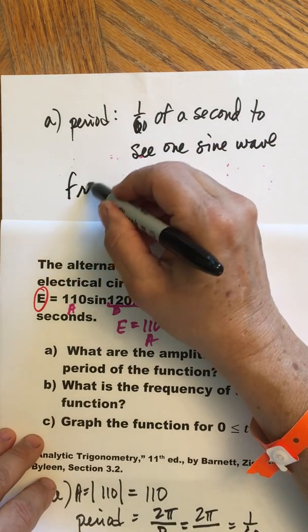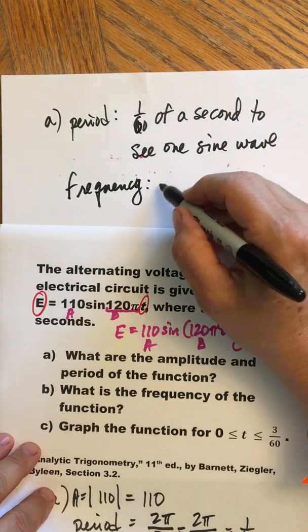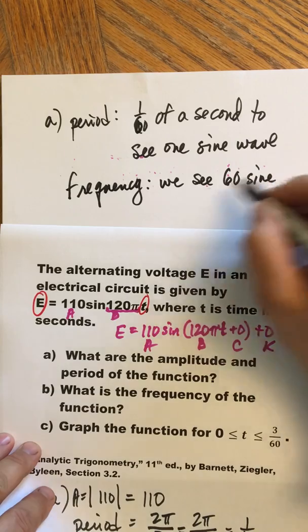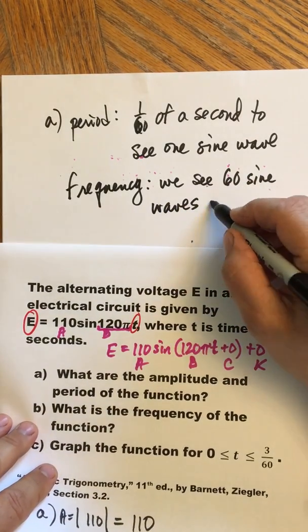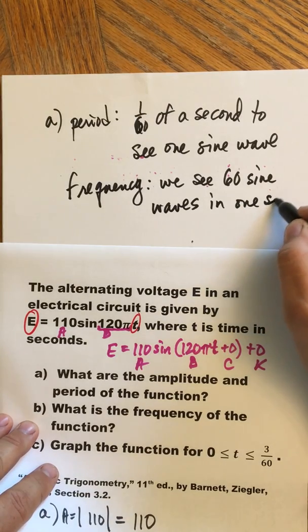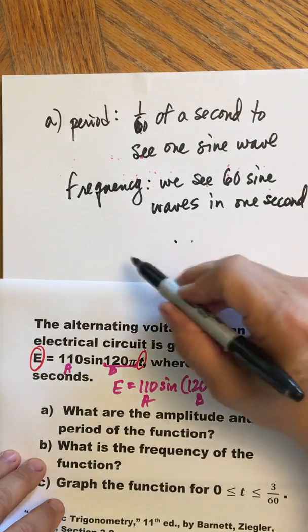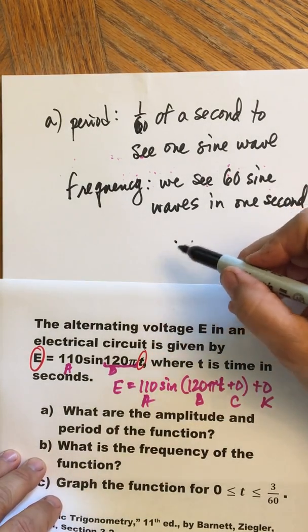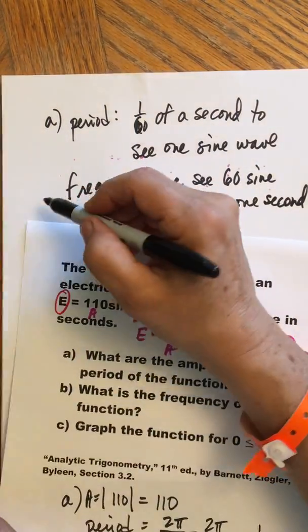Whereas the frequency basically says that we see 60 sine waves in 1 second. So you just pick a spot and watch the waves go past, and you'd see 60 waves pass that spot in 1 second. Okay, so that's the interpretation of A and B.